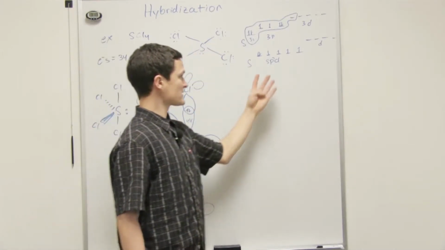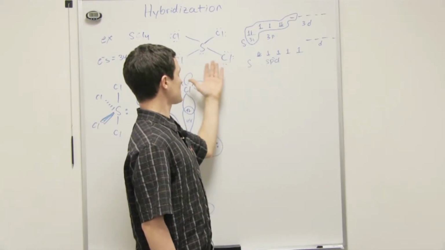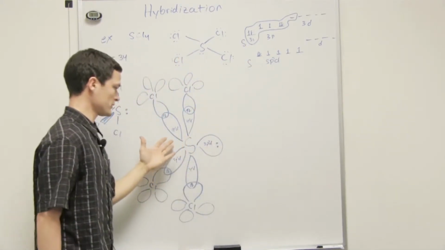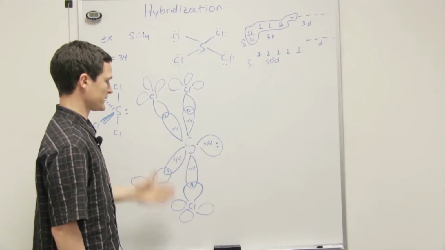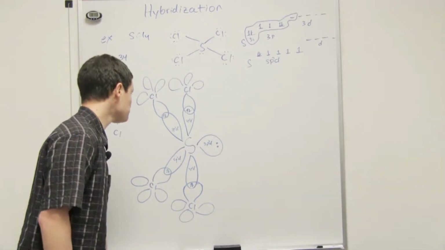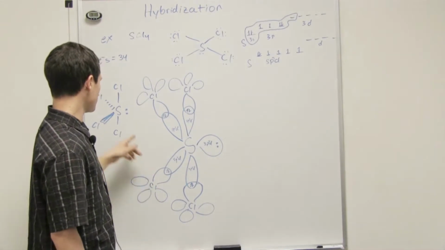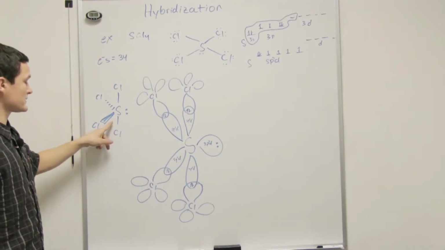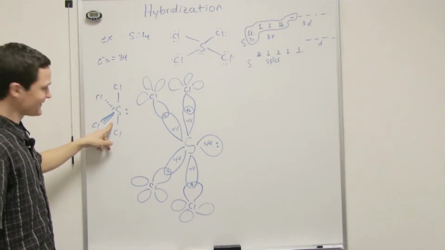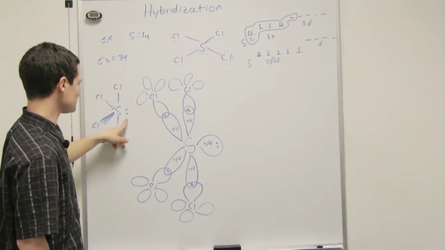So then we basically use this information in our Lewis structure to compose a hybridization bonding diagram. And when we do that, we see from the Lewis structure here that we have a seesaw or a T molecule.